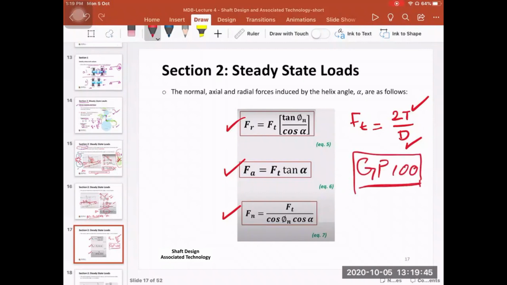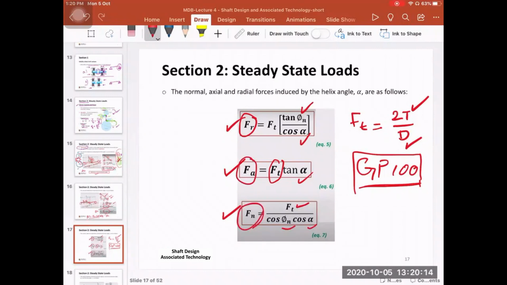Then FT is known, and also these values, the helix angle alpha and the normal pressure angle phi n, are known. So we can simply find FR, the radial force. Once we find FR, based on the value of FT and the helix angle, we can also find the axial force. And based on the value of FT and these two angles, we can find Fn.